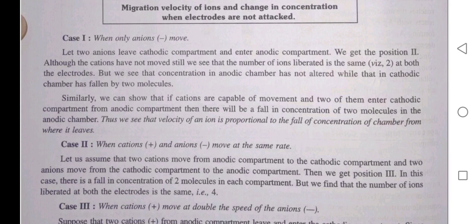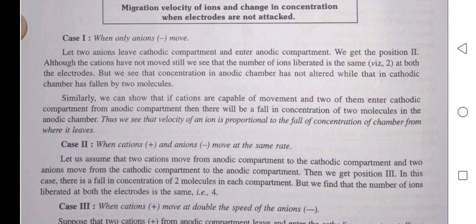Thus, we see that the velocity of an ion is proportional to the fall of concentration around the chamber from where it moved. Case 2: when cation and anion move at the same rate. Let us assume that two cations move from the anodic compartment to the cathodic compartment and two anions move from the cathodic compartment to the anodic compartment. Then we get position 3.